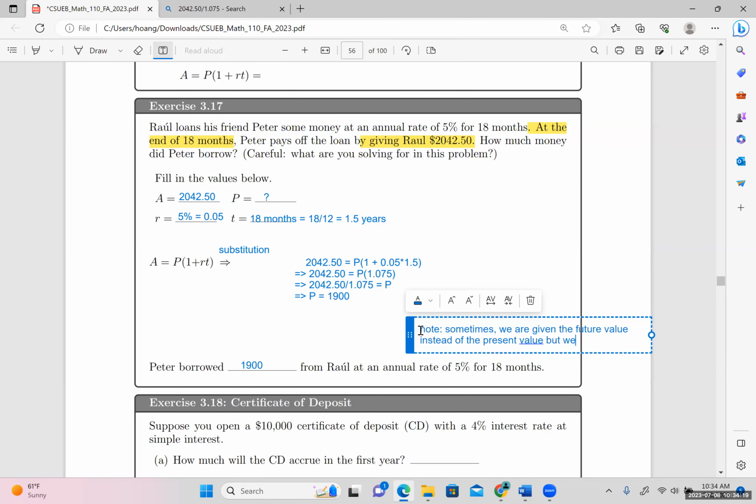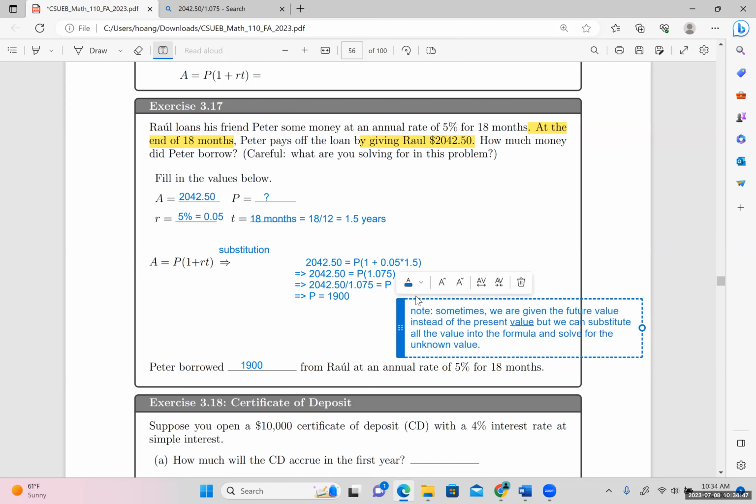But we can substitute all the values into the formula and solve for the unknown value. So, yeah, that could be it.